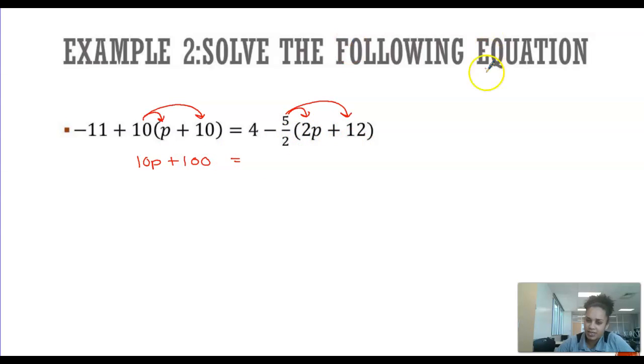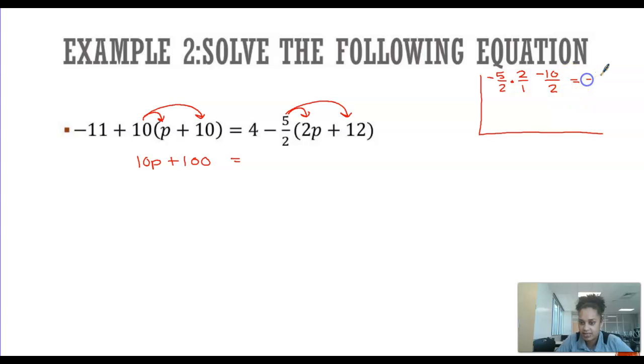And let's talk really quickly on the side, how do I multiply fractions? Well, let's see, negative 5 over 2 times 2p, or let's just talk about the 2 for now. So I'm going to multiply by 2 over 1. When you multiply fractions, it's just the numerator times the numerator, denominator times denominator. So negative 5 times 2 is negative 10 over 2 times 1 would give me 2.